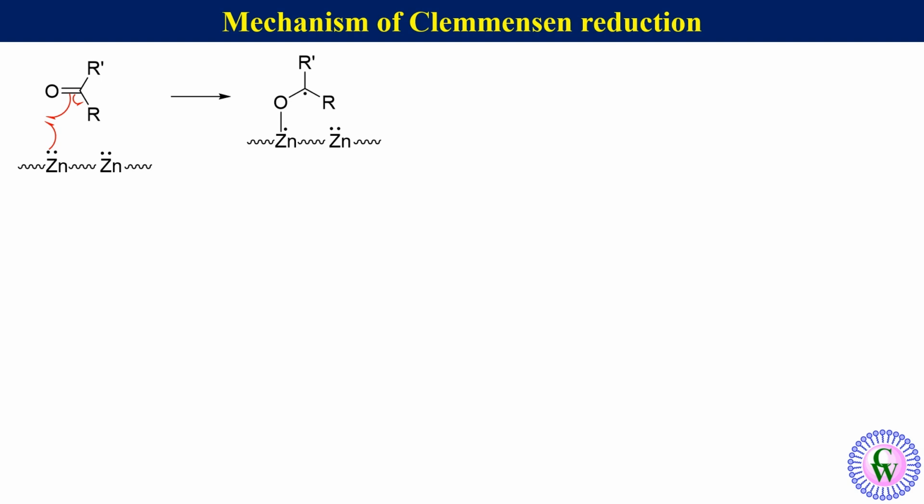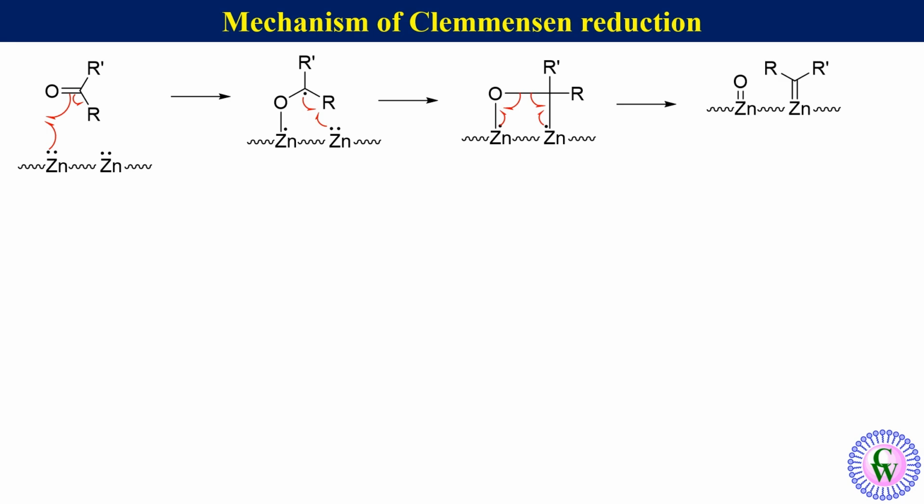The diradical carbon and the second zinc atom join together like this to produce another diradical. Homolytic cleavage of the CO bond and single electron transfer from zinc to oxygen and carbon lead to the formation of zinc oxide and zinc carbenoid.